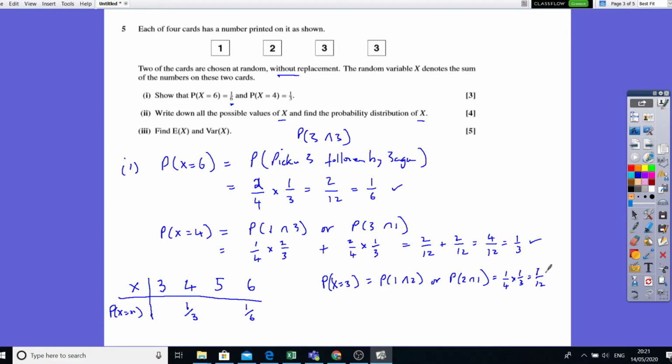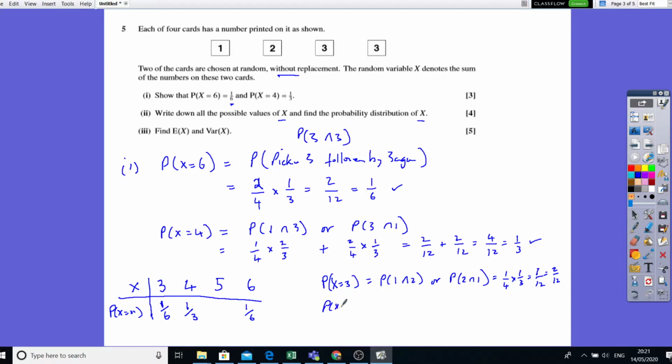So double that gives 2 twelfths, which is the same as 1/6. So that's 1/6.